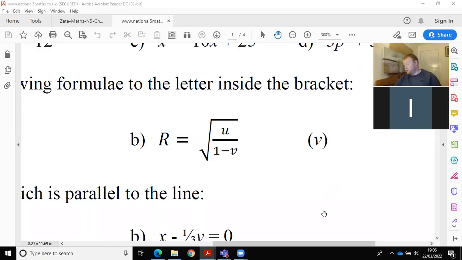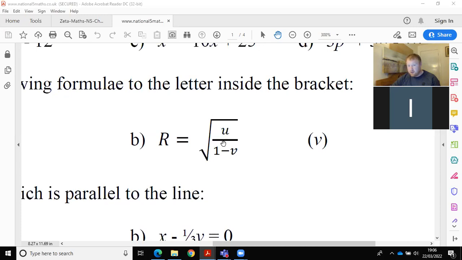Alright, so quite a tough one. We're rearranging for V, so the part in the brackets. Now we've got a root over that whole term, so that's the first thing that we want to get away. It's not just part of that that's rooted, it's that whole thing.